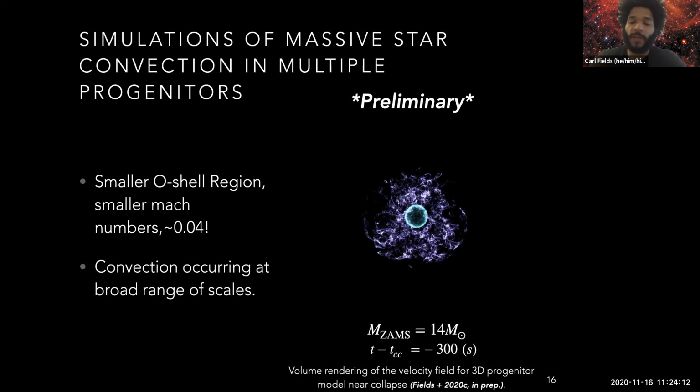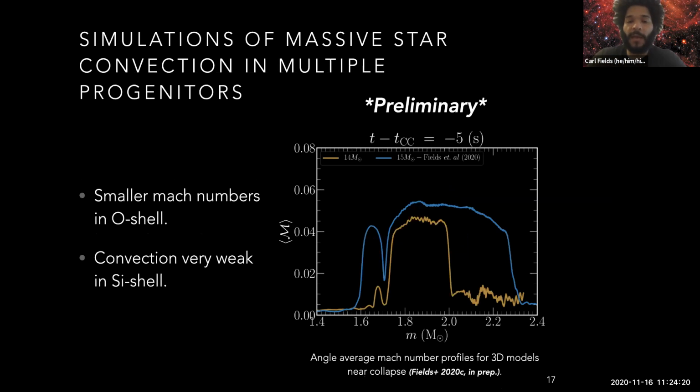But already between the 14 and the 15 solar mass model from our previous work, we can see a large difference in their behavior. So you can compare that, right? On the right here now we have the Lagrangian mass coordinate. The y-axis again is the Mach number. The orange line is this new 14 solar mass model, and the blue line is the 15 solar mass model from our previous work. We see that in the oxygen shell, it's somewhat similar.